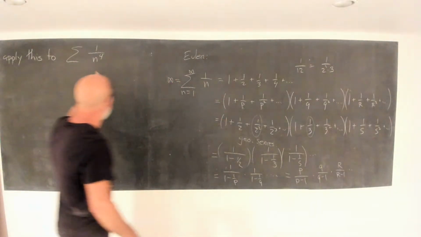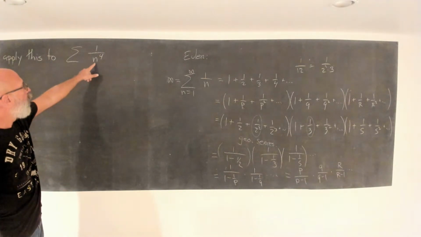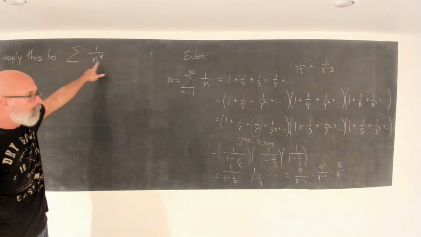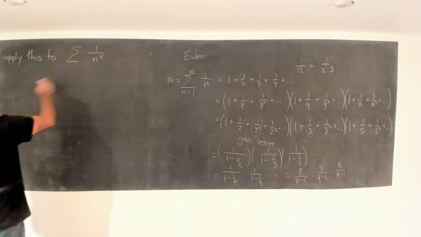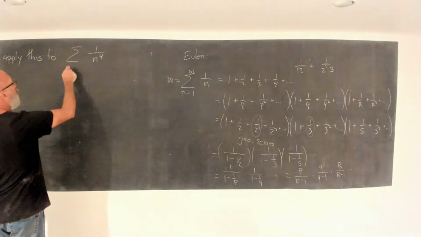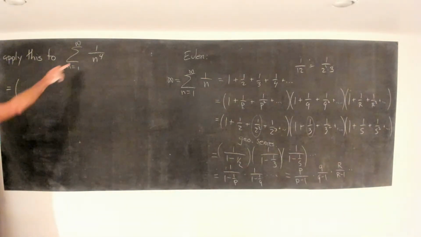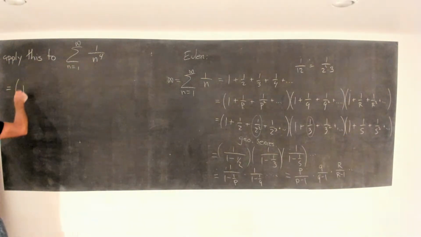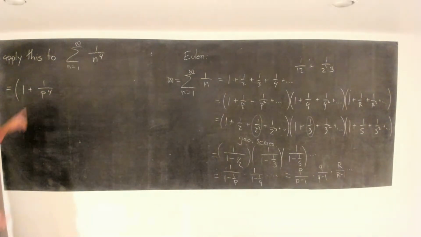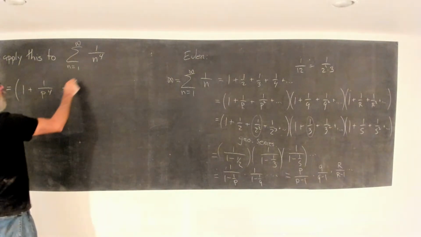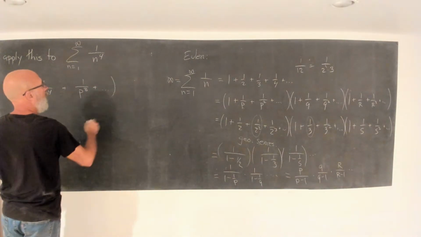right? Because every natural number is going to be a product of primes. So we're going to do exactly the same thing and view this as a product, right? 1 plus 1 over p to the 4 and 1 over p to the 8 and so on.